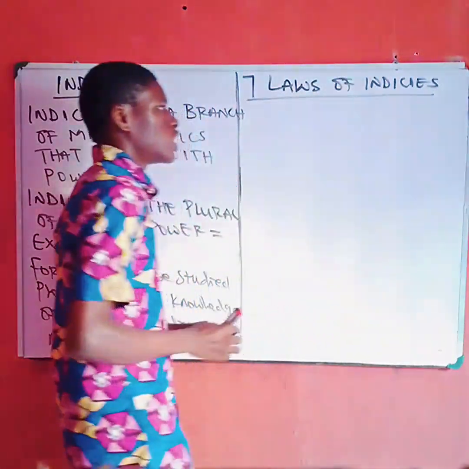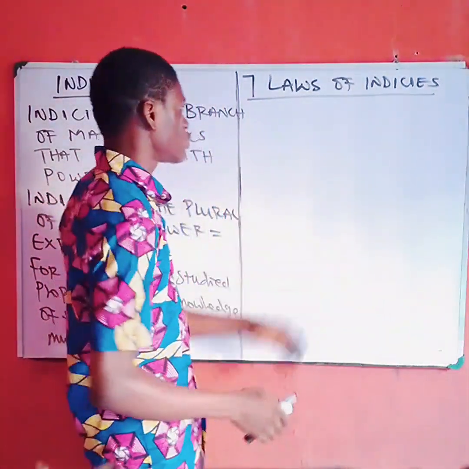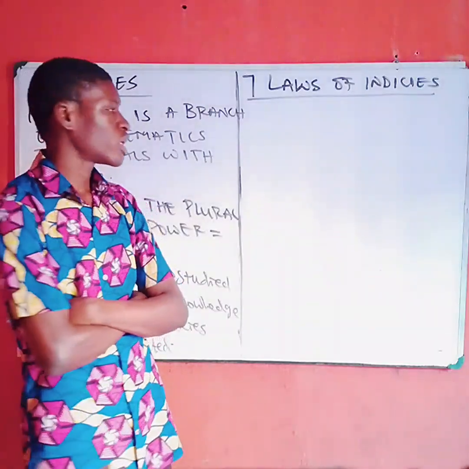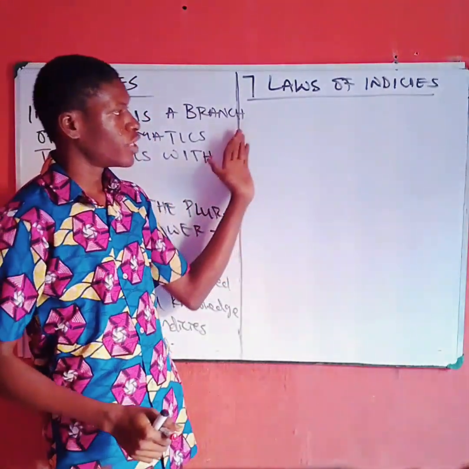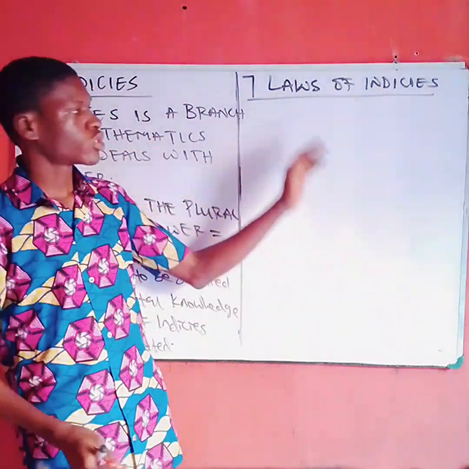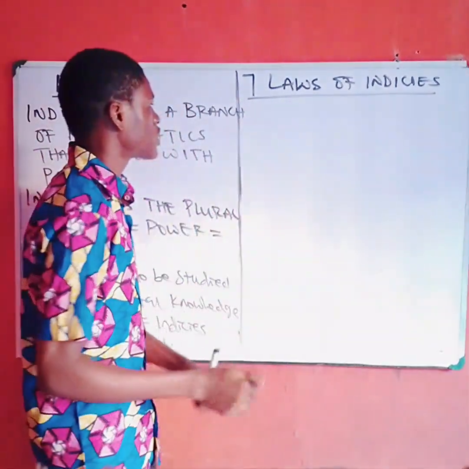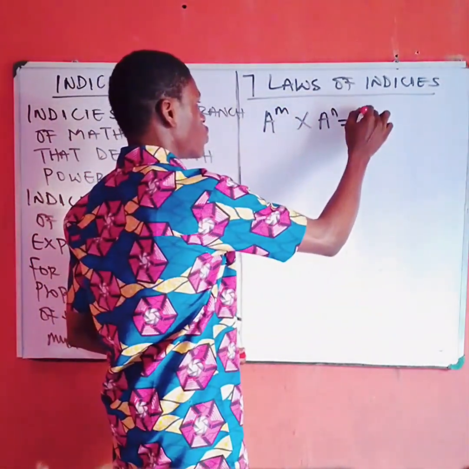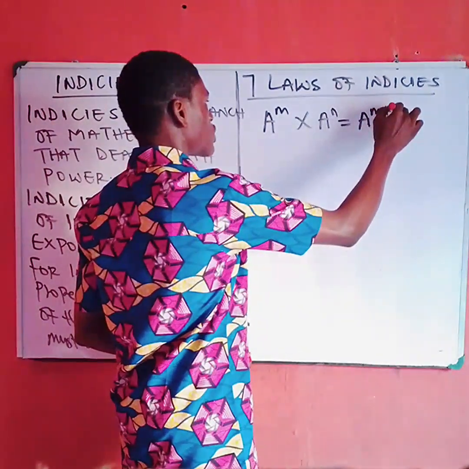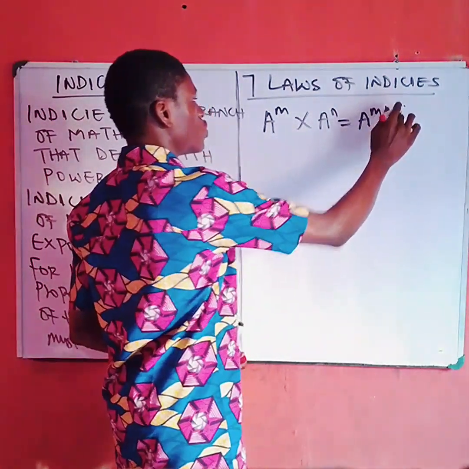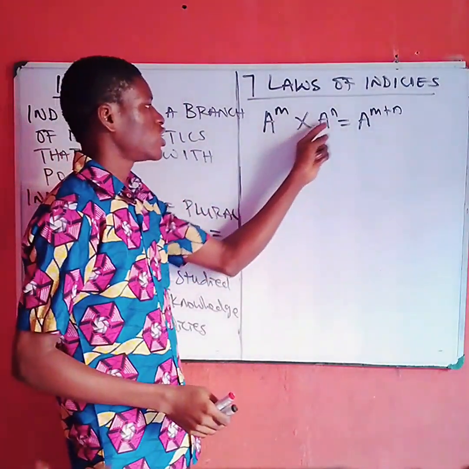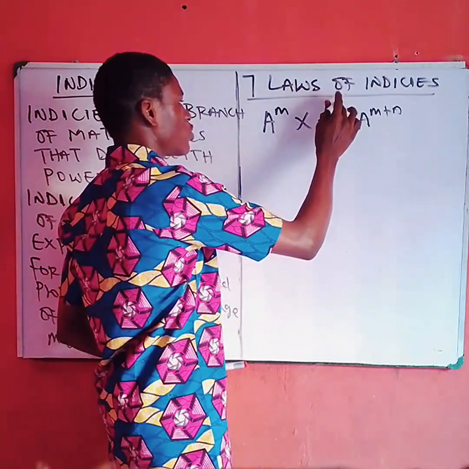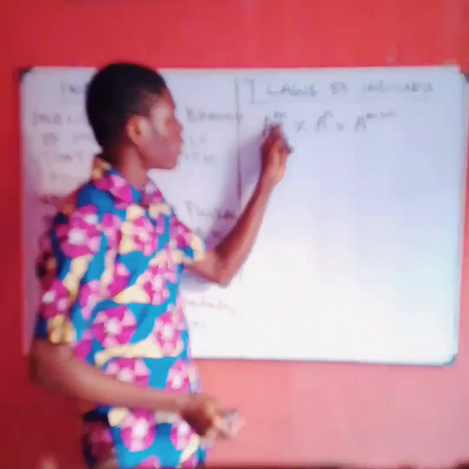So the first one, as we are writing it, we are proving it. The first law, which a lot of people call the addition law, or from the aspect of the left-hand side of the equation, the multiplication law, states that a raised to the power of m times a raised to the power of n is equal to a raised to the power of m plus n.